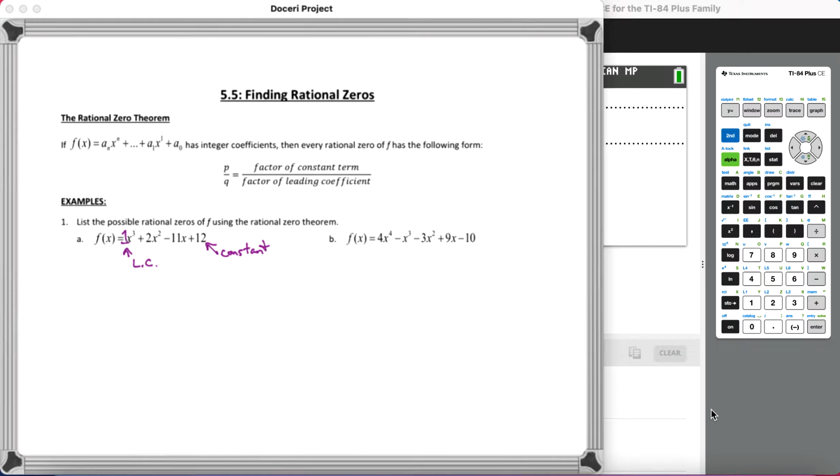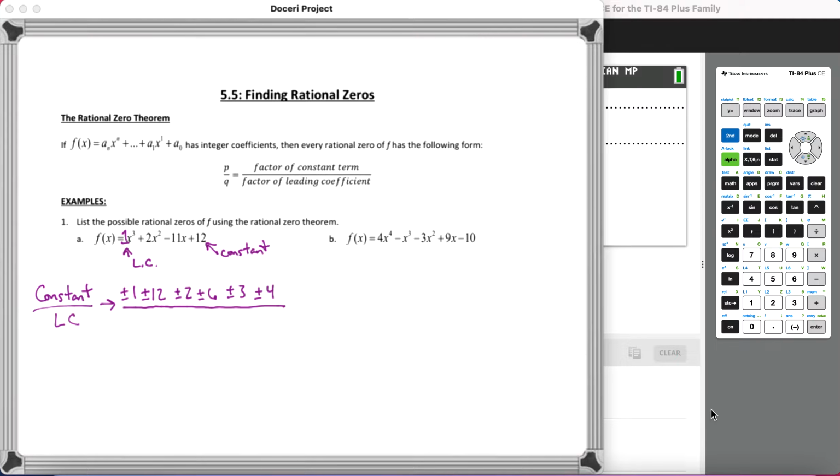Now, ultimately, we are trying to figure out the factors of each of those. According to what's up at the top here, we're going to find the factors of the constant and compare them to the factors of the leading coefficient. The factors of 12: there are three pairs, so a total of 6 numbers. The factors of 12 would be 1 and 12, 2 and 6, and lastly 3 and 4.